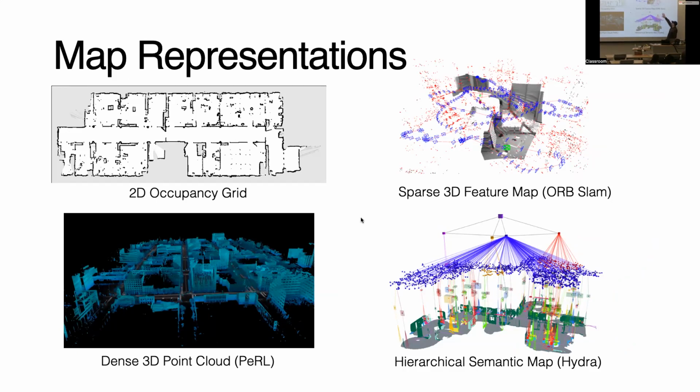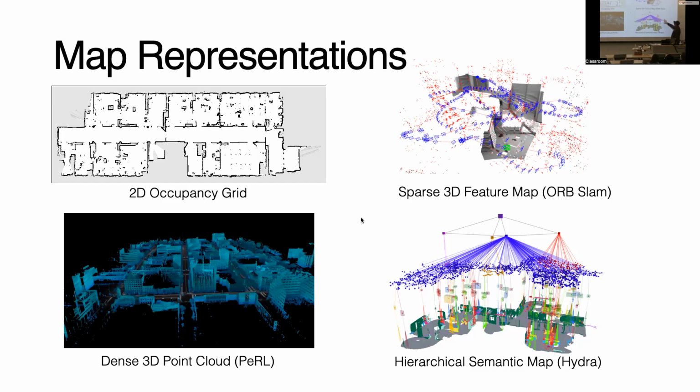You might have a sparse set of 3D features. If you're doing some sort of optical visual SLAM, like ORB-SLAM, you're measuring features in the environment that are very distinct, and you can identify easily between frames, and then mapping those into 3D space and using that as your representation of your space.